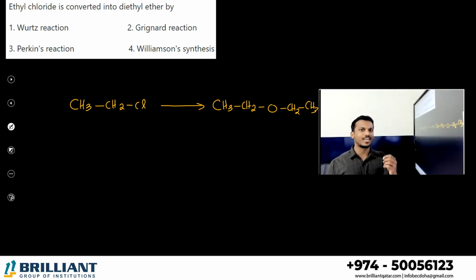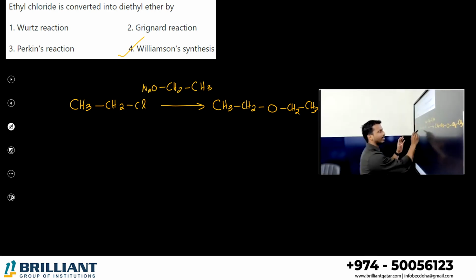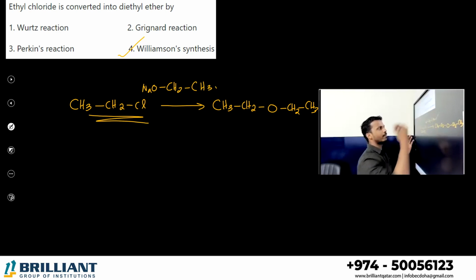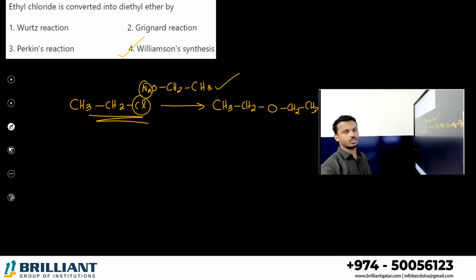Ether preparation we studied: Williamson synthesis. What do we have to use here? CH3CH2ONa. When a haloalkane is treated with sodium alkoxide, sodium and chlorine are eliminated, you fuse it together, you will get ether. That is called Williamson ether synthesis.